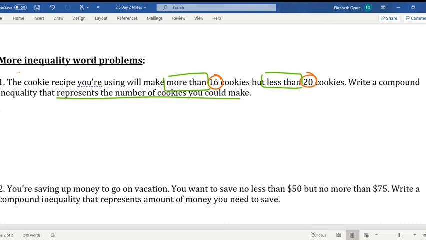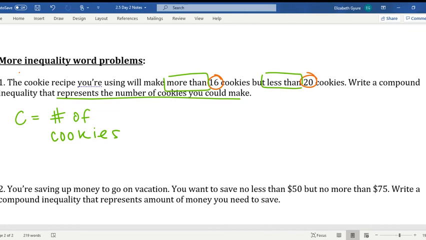So we need to assign a variable. We're going to assign a variable. I'm going to do C equals number of cookies. Now, if I'm making a recipe and it tells me this recipe could make more than 16 but less than 20, is my number of cookies going to be inside of that range or outside of that range?